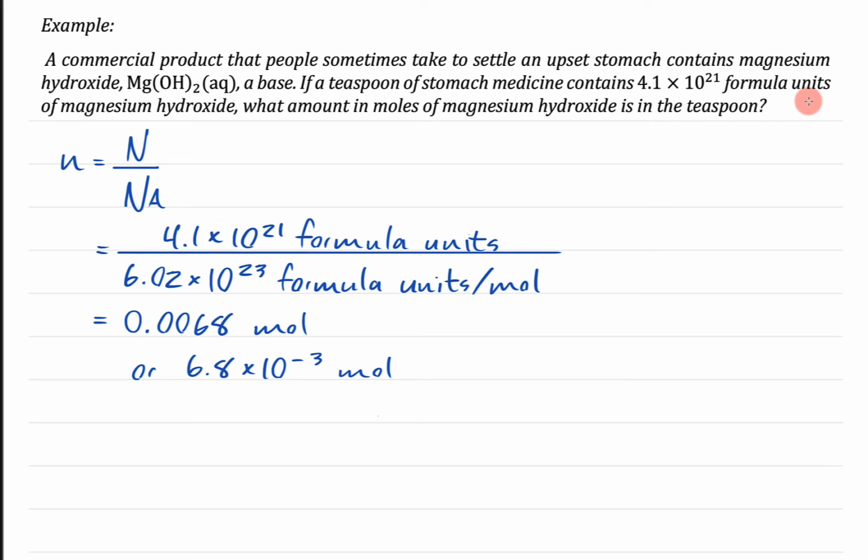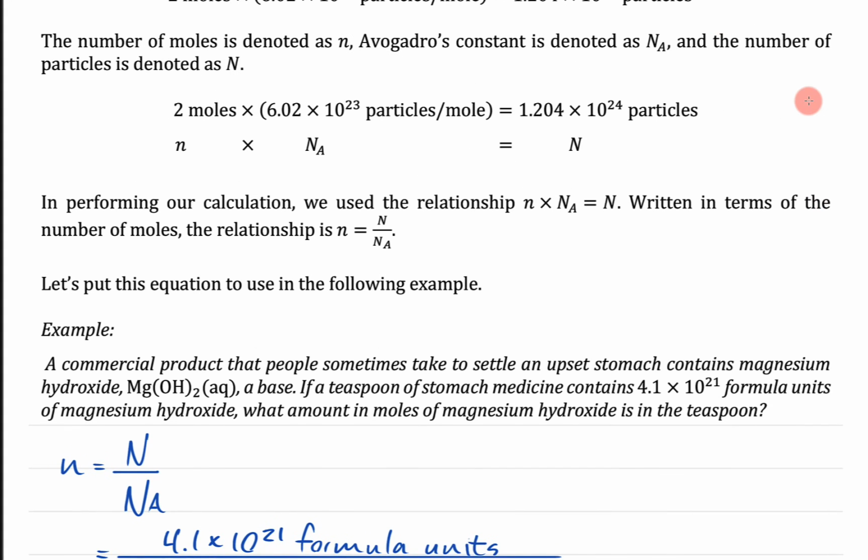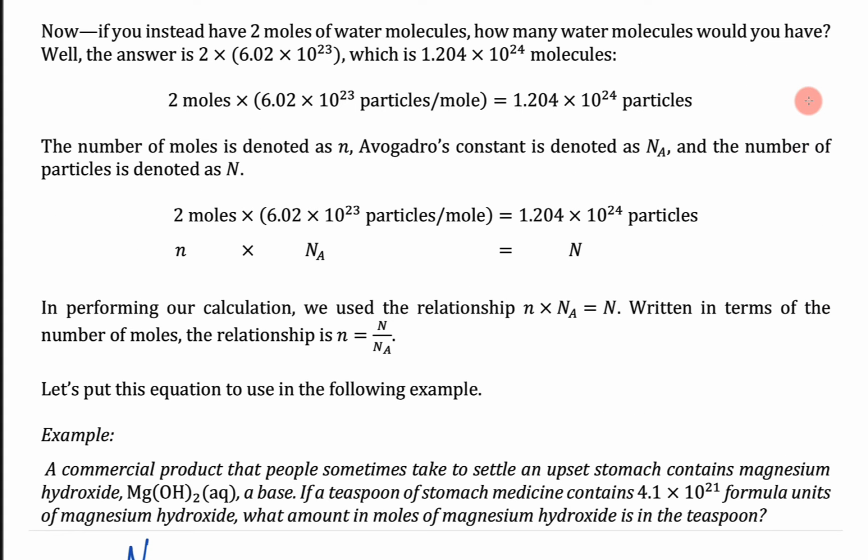So in this example, the particles that we're dealing with are formula units of magnesium hydroxide. This is a bit different from what we had seen earlier in the handout, where the particles were molecules instead. So again, it doesn't matter whether the particles are molecules or formula units.